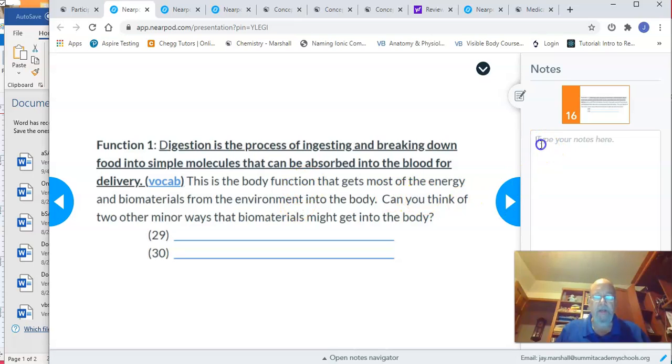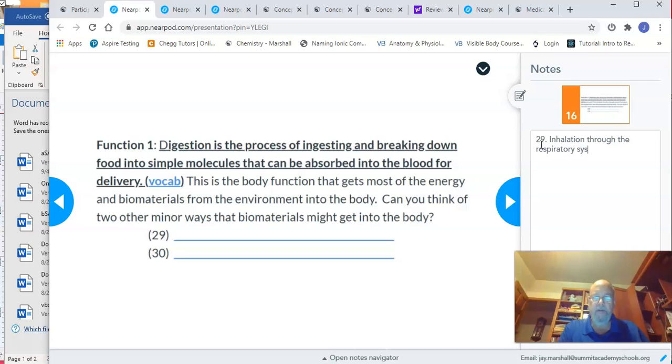Can you think of what these ways might be? Think about it for a second, and then I'm going to tell you that the other two ways that I'm aware of are inhalation through the respiratory system. I can get some things into my body, mainly oxygen, right?